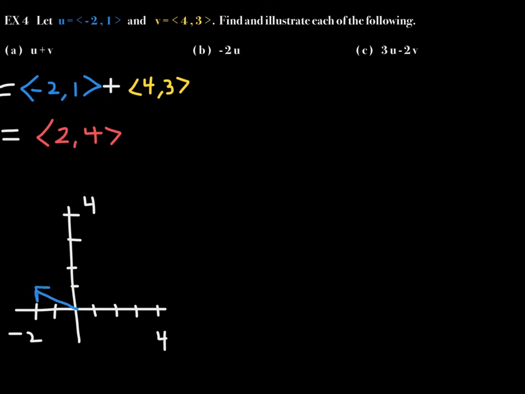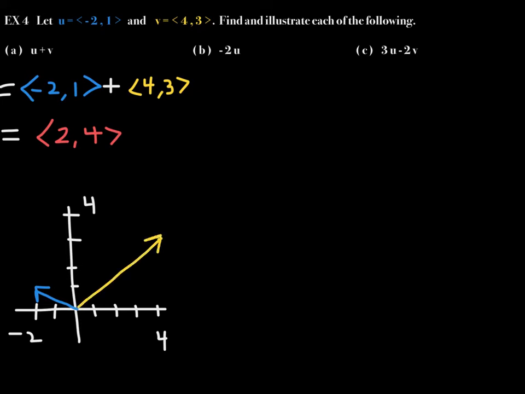That's where it terminates. Vector v is also a position vector. Again, initial point at the origin, terminal point this time at the coordinates 4, comma 3, which of course is quadrant 1. So there's 4, comma 3 about right there. So there is my vector v.